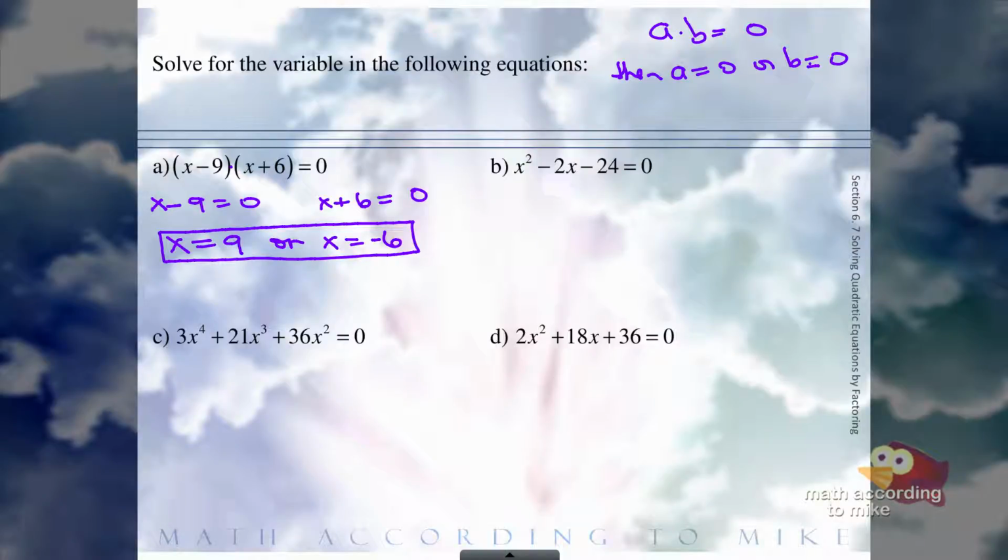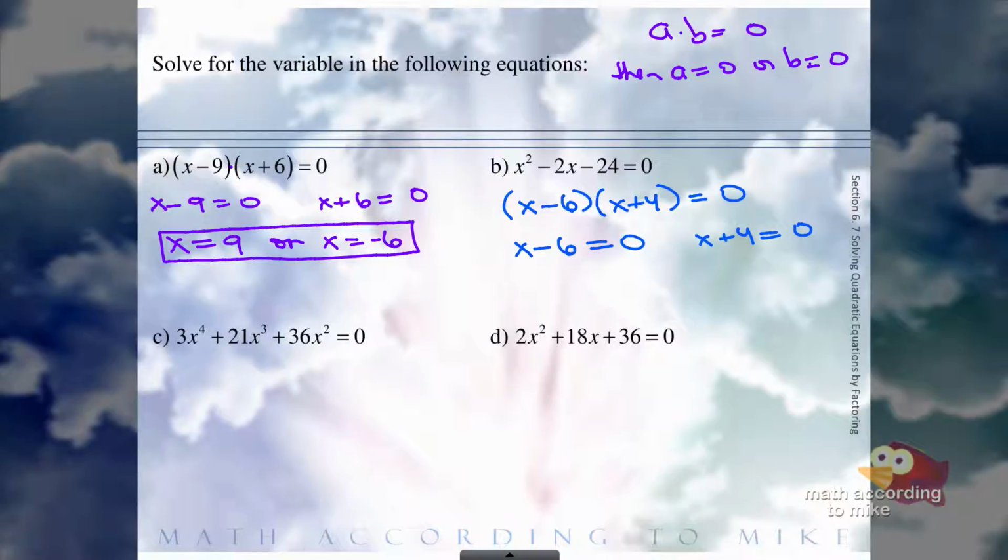In part B, it's in standard form because everything is on one side, 0 is on the other. So we need to factor first. This factors as x minus 6, x plus 4. Setting each factor to 0, we would have x minus 6 is 0, or x plus 4 is 0.